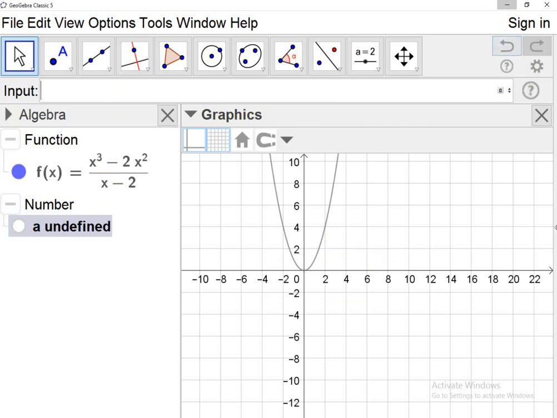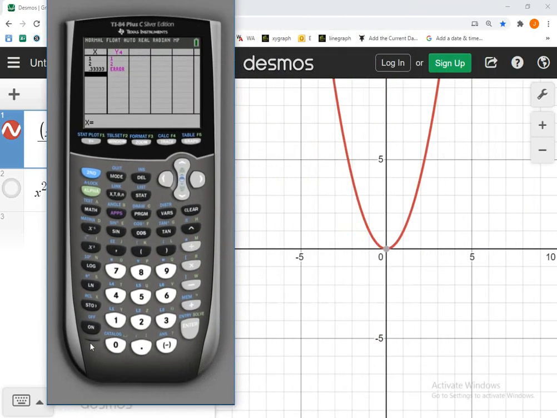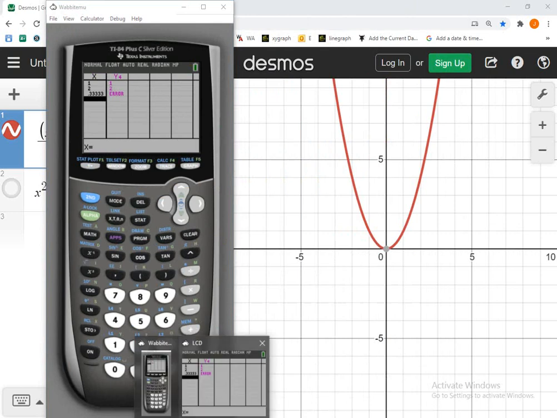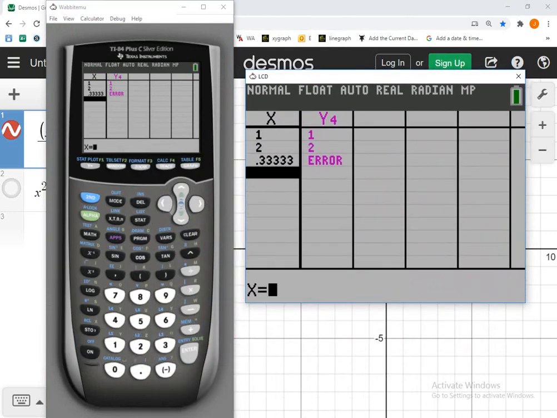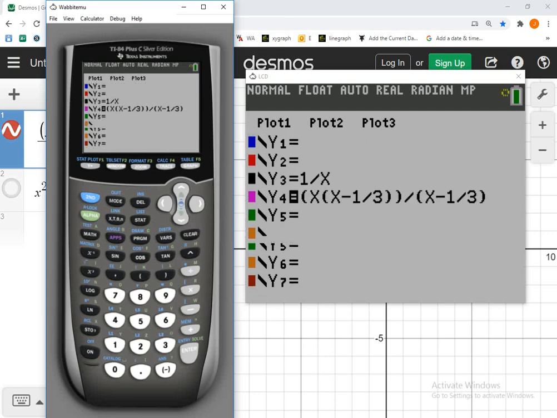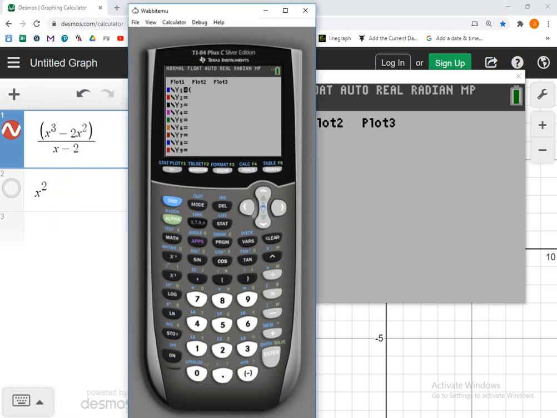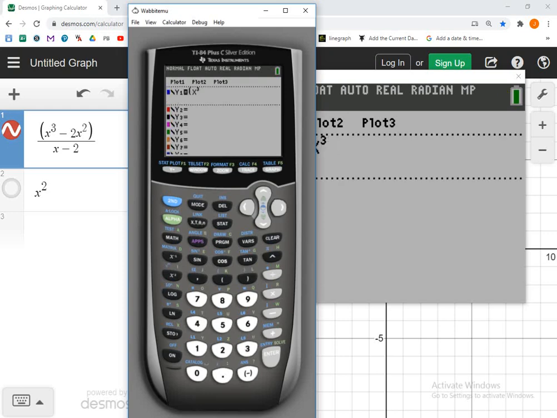Okay. Your TI-83s and 84s, if we look at those. If we go x cubed minus 2x squared divided by x minus 2.